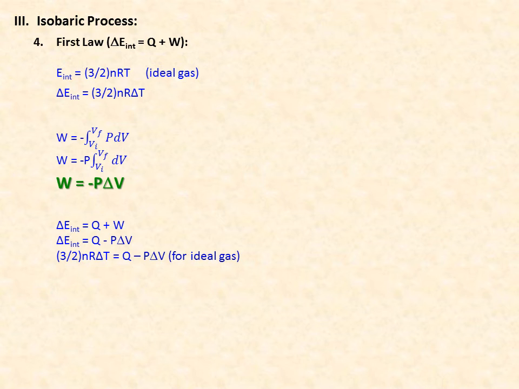So we see here that in the case of an isobaric expansion, where P delta V is positive, the negative sign indicates that our system is going to lose internal energy as that gas expands, doing useful work on the environment.